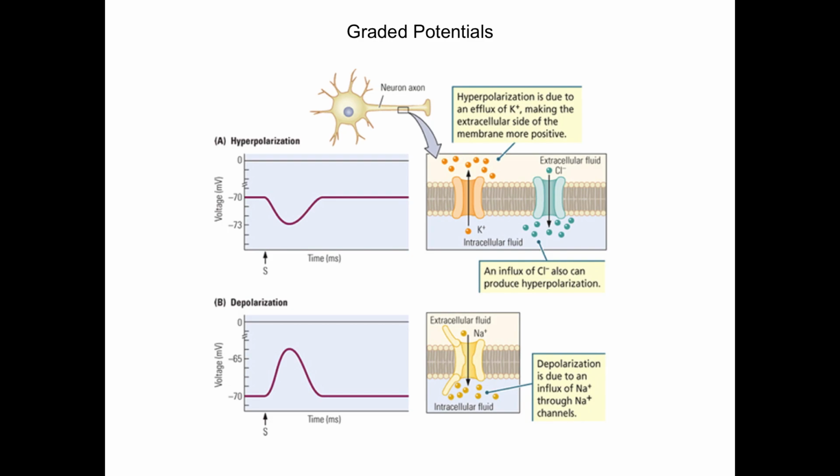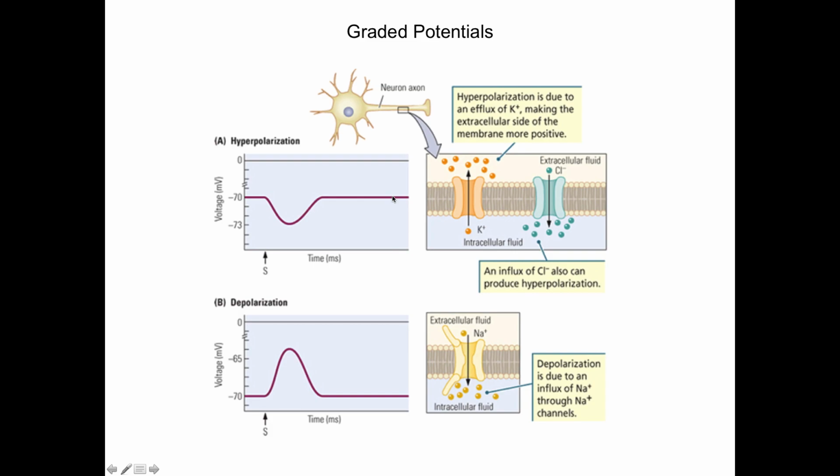Okay, so an example of a hyperpolarization could be when there is an efflux of potassium. So technically potassium will go outside of the cell. Since potassium is positive and is leaving the cell, this will make the cell more negative. Another example could be when negative chloride ions go inside of the cell. So either when negative goes in or positive goes out, the inside of the cell will be a little bit more negative.